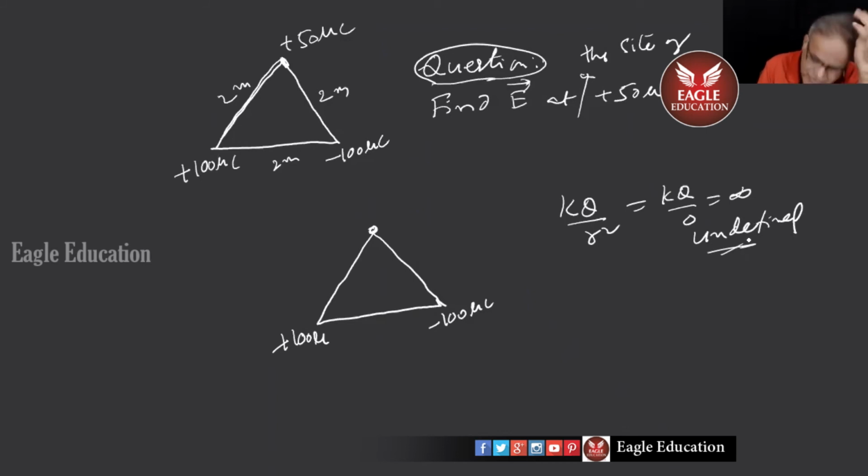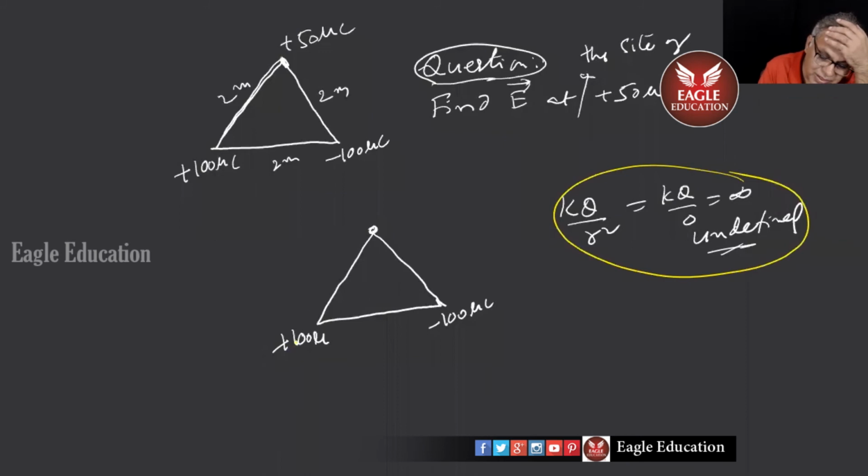So the plus 50 is of no consequence when I want the field at this point. Whether you have a plus 50 or not, these two will be there. Even if plus 50 is there, don't bother, because the field of that won't be there below its bottom. Electric field will be there around the charge, not below the bottom of the point charge. That will be undefined.